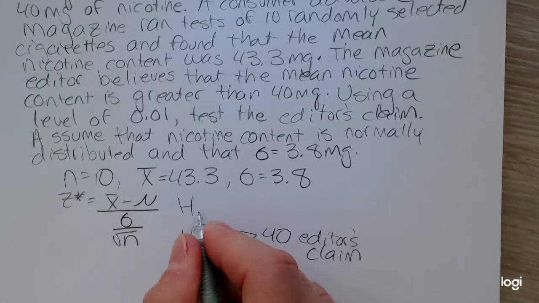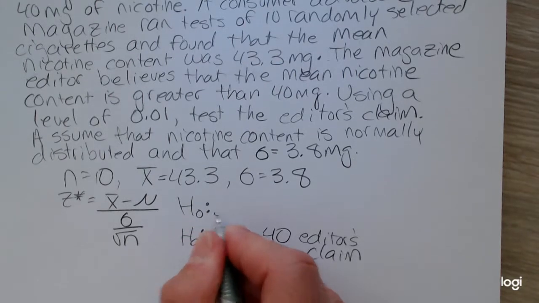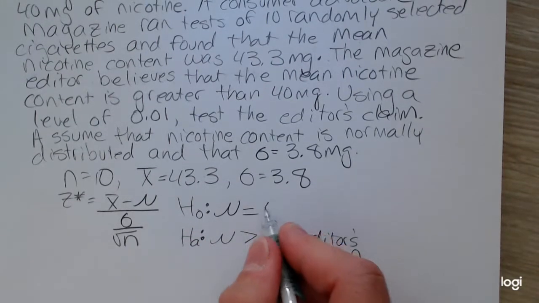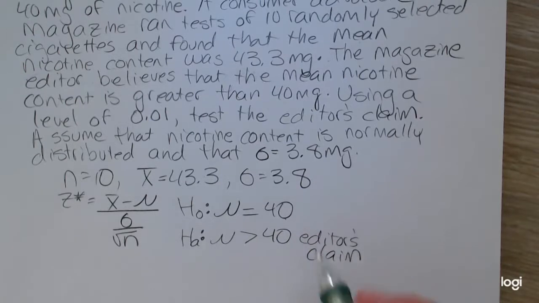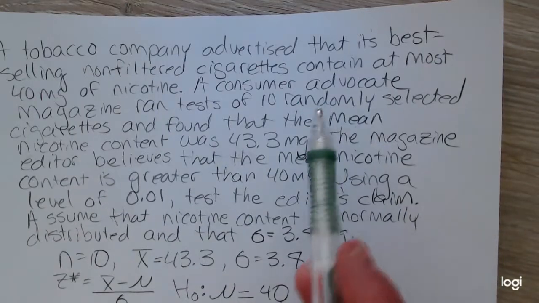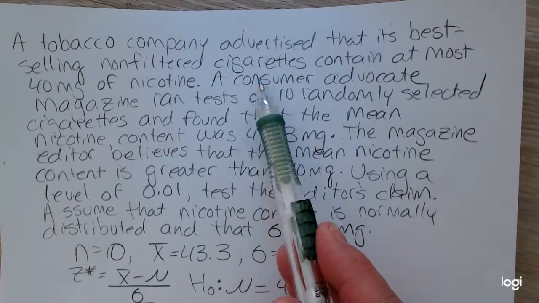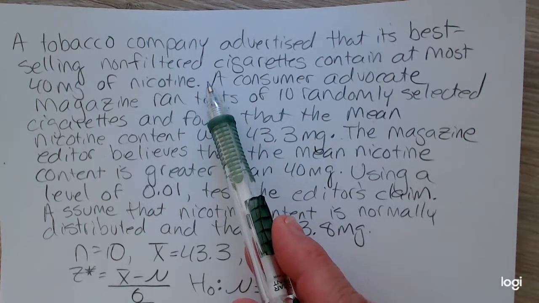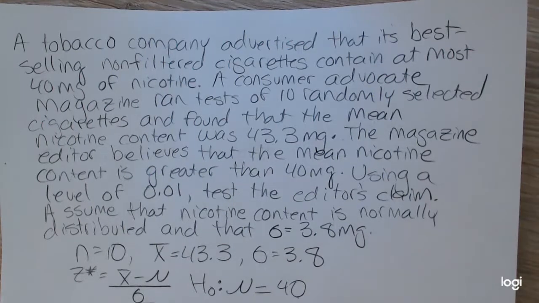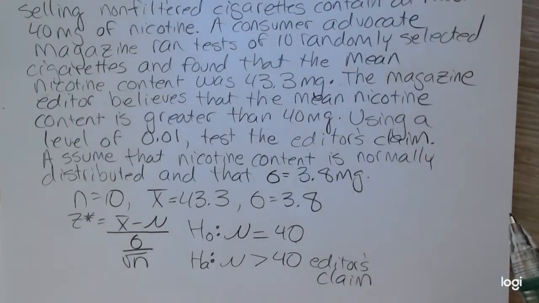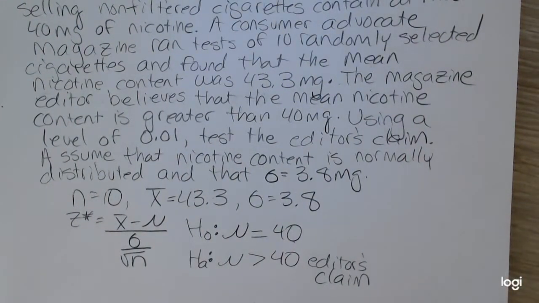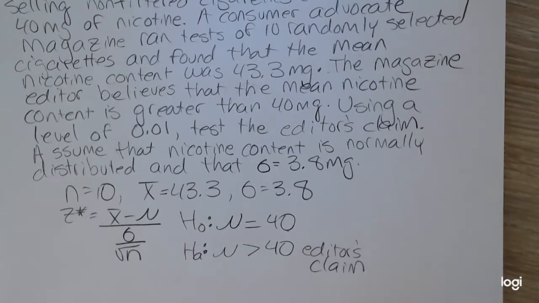And the current text I'm using has the strict case of equality in the null. Now, the manufacturer's claim, or what the manufacturer is advertising, is that their cigarettes contain at most 40 milligrams of nicotine. So actually their claim is that mu is less than or equal to 40.